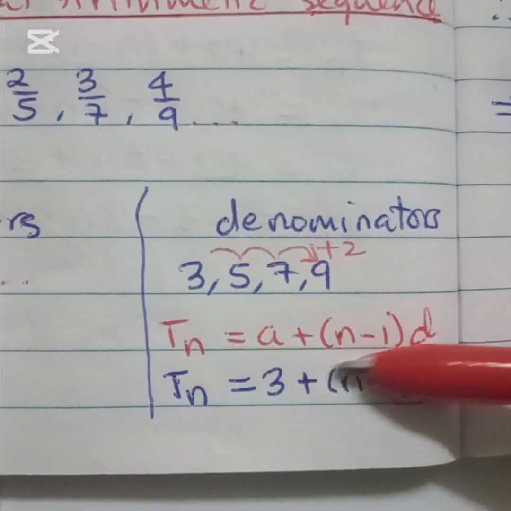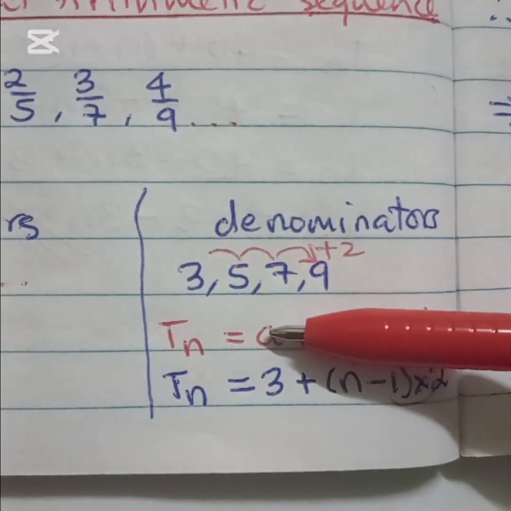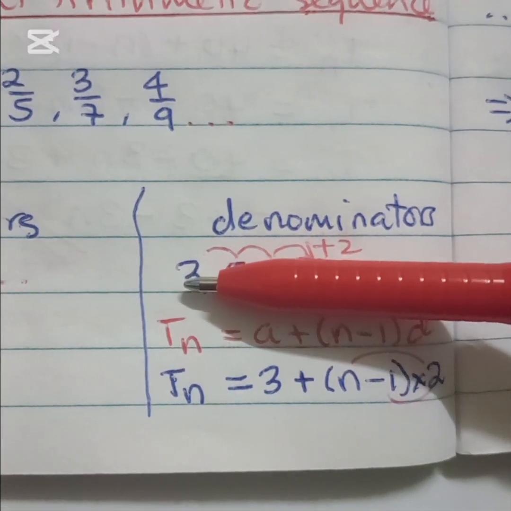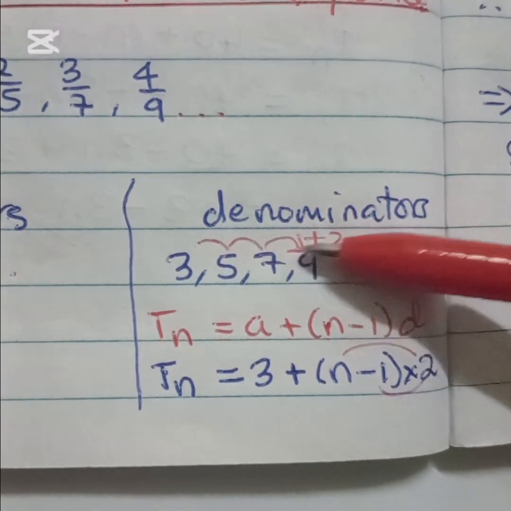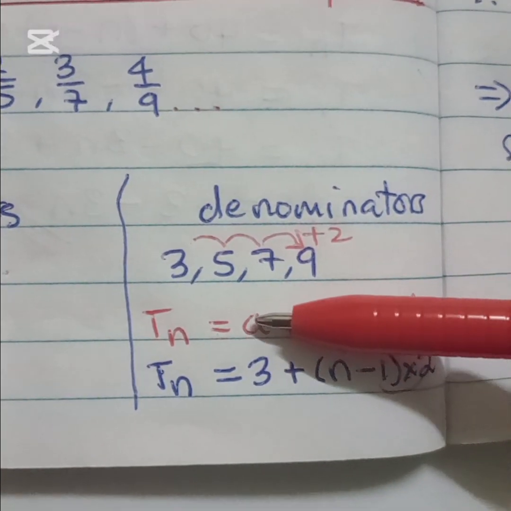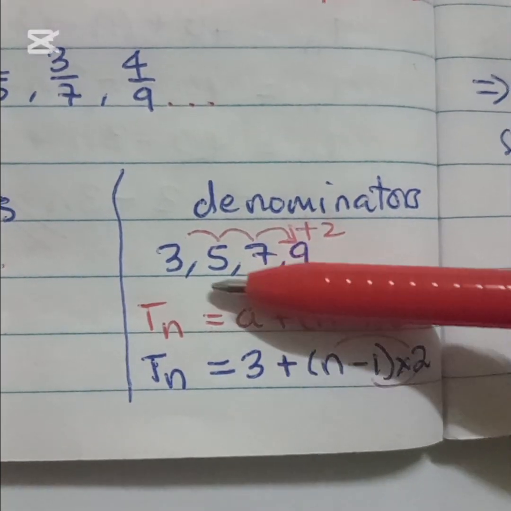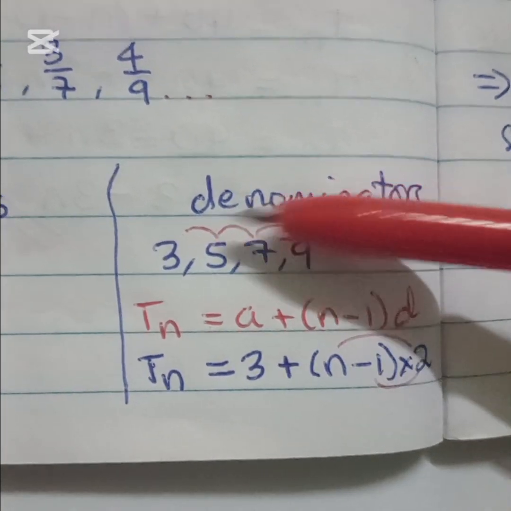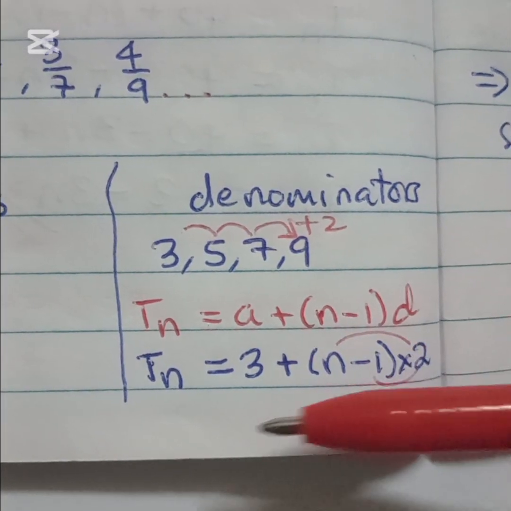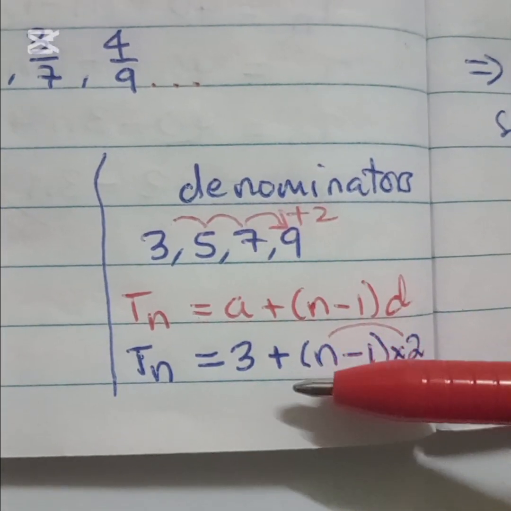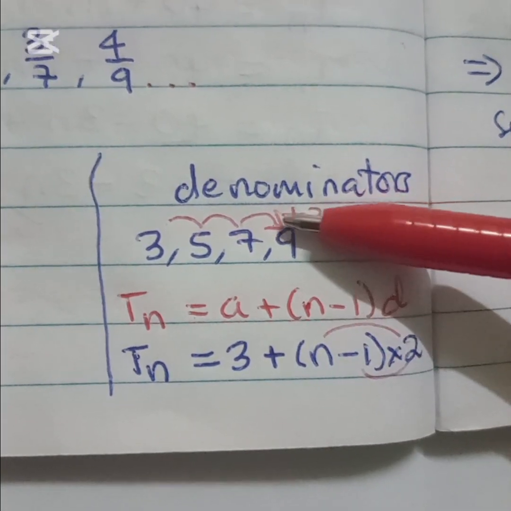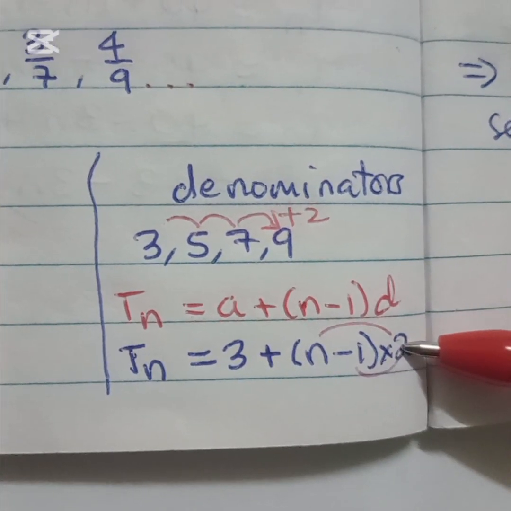In this method, a is the first term and d is the common difference. We just substitute these two things in. So the nth term is 3 plus n minus 1 times the common difference, which is 2.